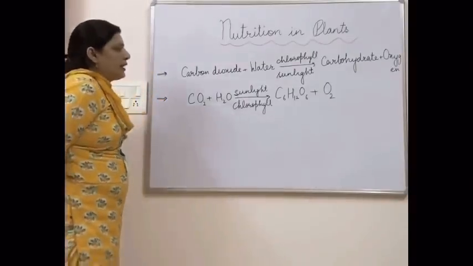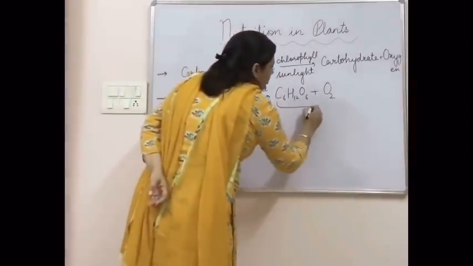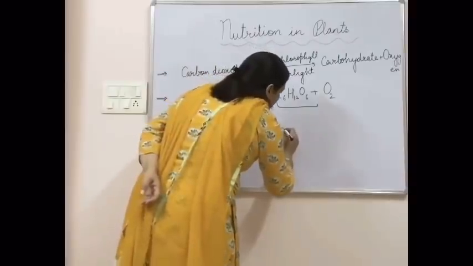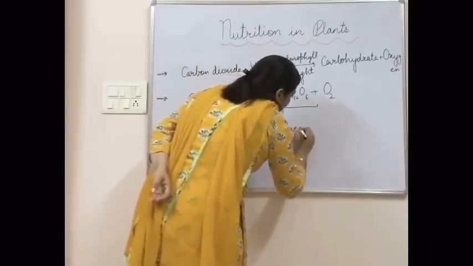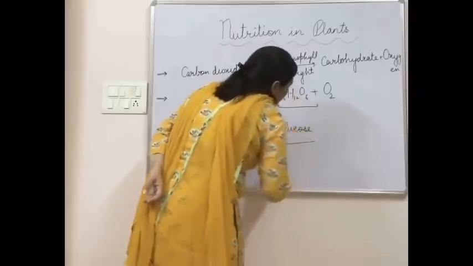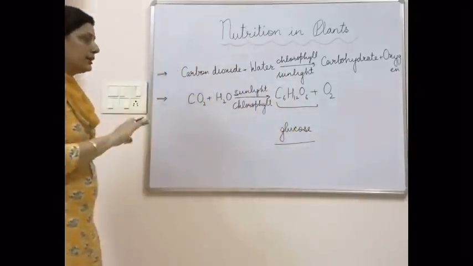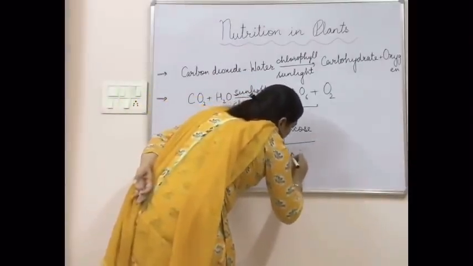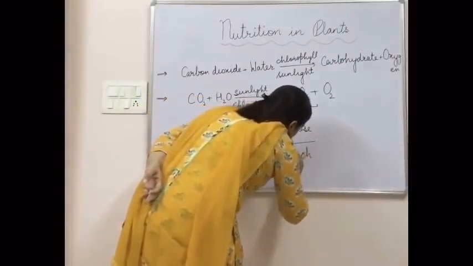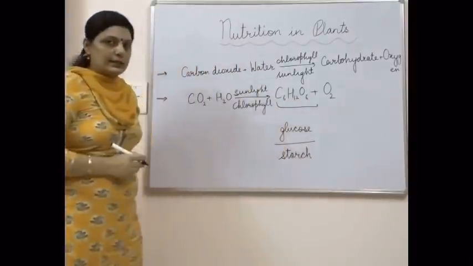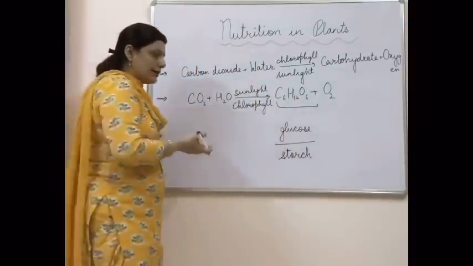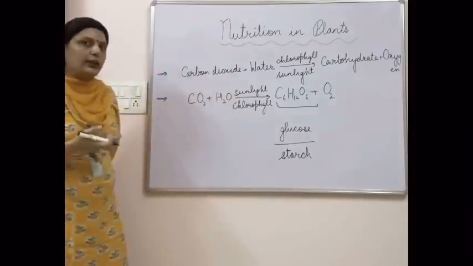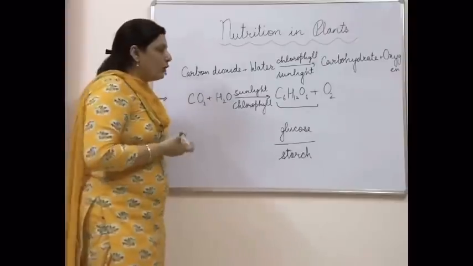Now this reaction, like carbohydrate, now you must be thinking what carbohydrate is formed here. The main form of carbohydrate which is formed, this is the simplest carbohydrate form, that is glucose. But this is later stored in the form of starch. It is given in your book also. The stored form of carbohydrate in the leaves is starch, and we do the starch test only for finding out whether the process of photosynthesis was actually occurring in that particular plant or not.